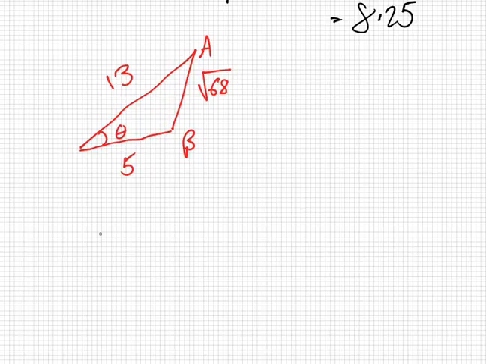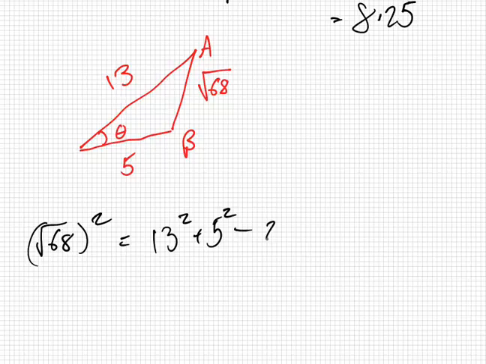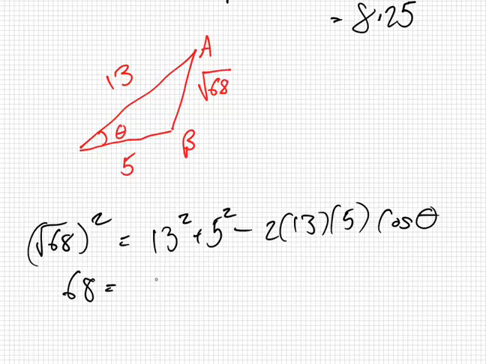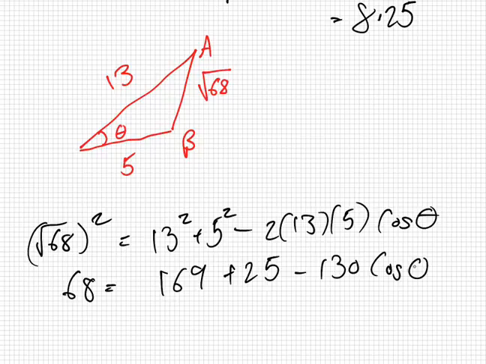So we have root 68 squared equals 13 squared plus 5 squared minus twice 13 times 5 cos theta. 68 equals 169 plus 25 minus 130 cos theta.